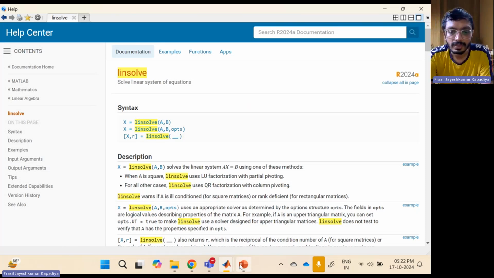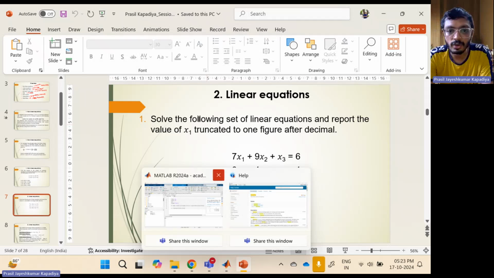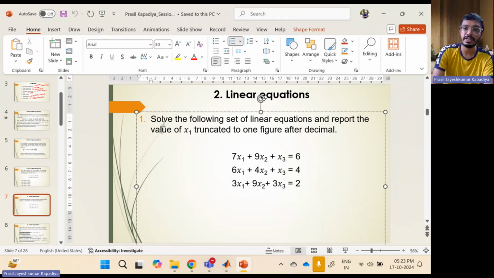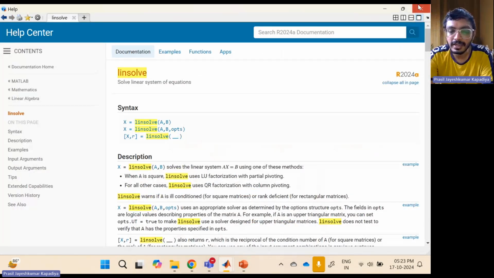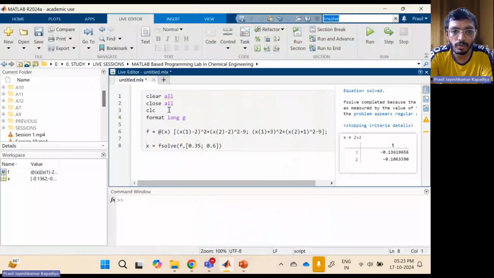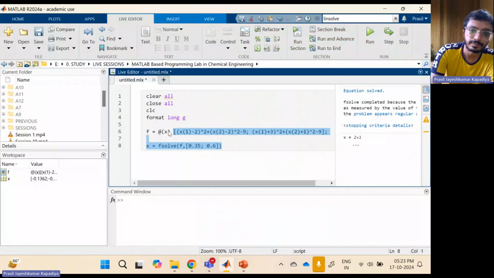Okay, so let's try to solve this. Solve the following set of linear equations and report the value of x1 truncated to one figure after decimal. Let's write down our equations, the whole equations, just for better understanding.